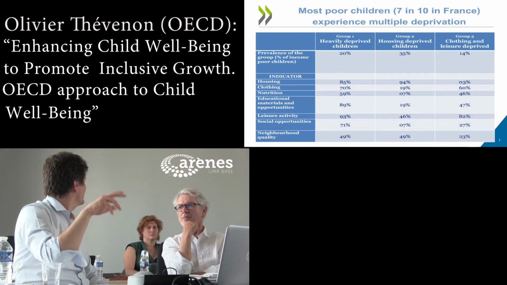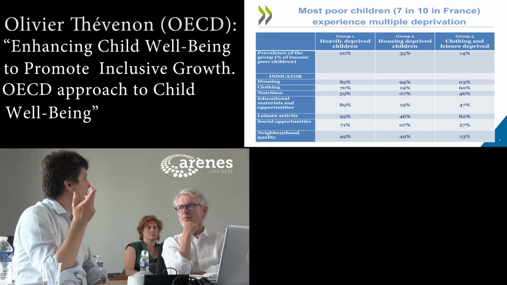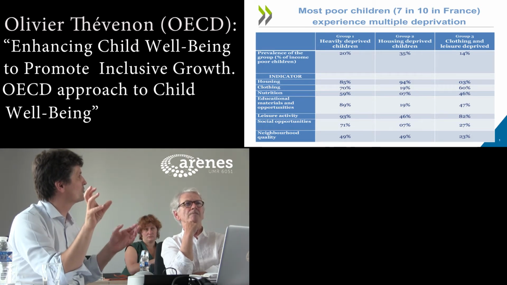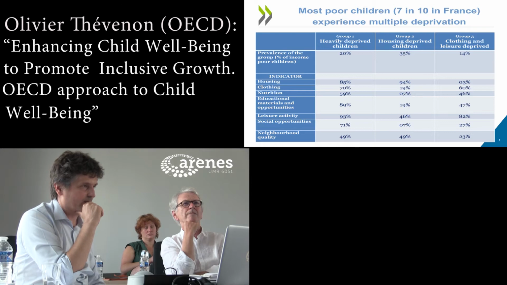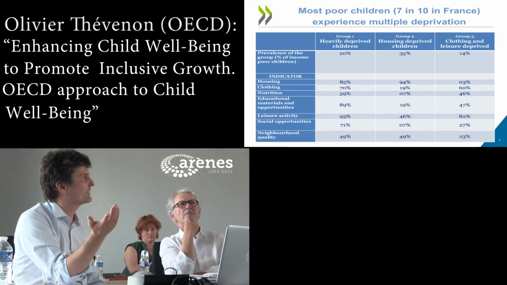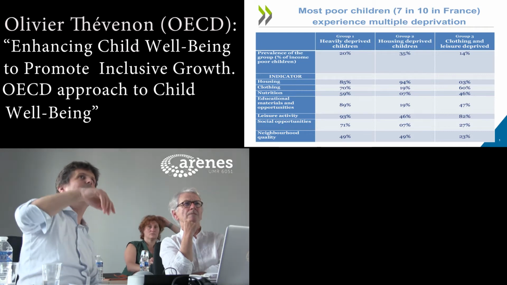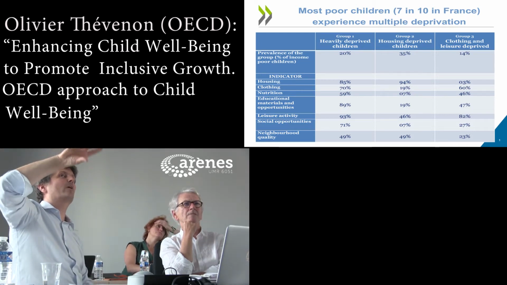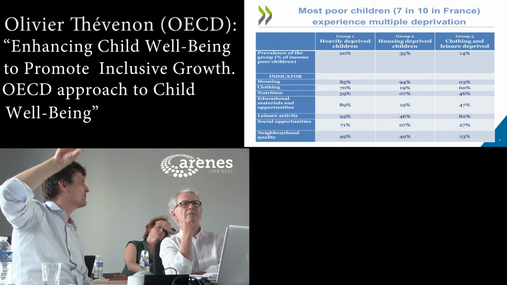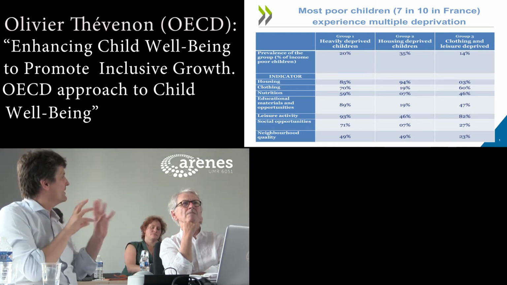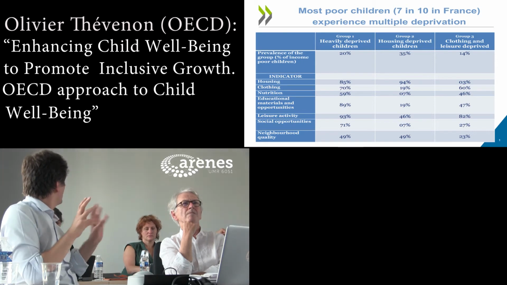So we made some kind of latent class analysis with this data to identify different groups of children experiencing different kinds of material deprivation. So we came out with 3 groups in France, for instance, that are highly deprived, but for which the combination, the kind of deprivation, is different.